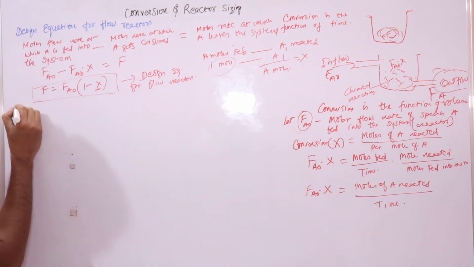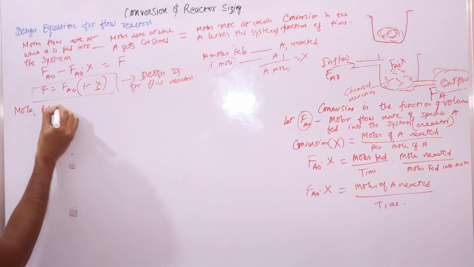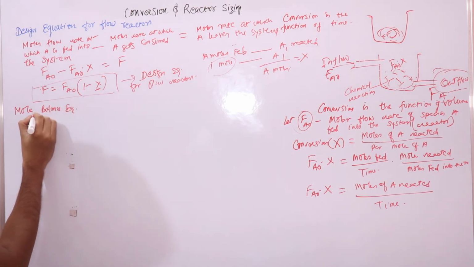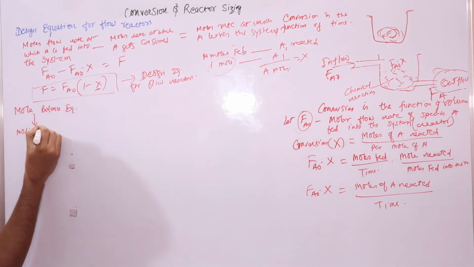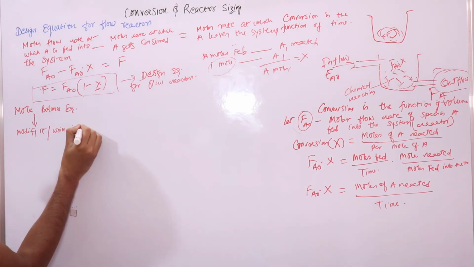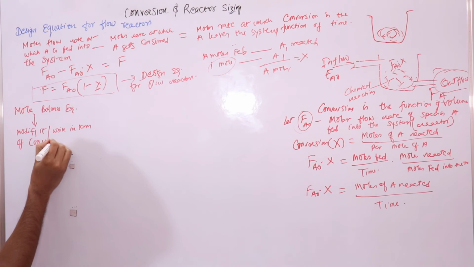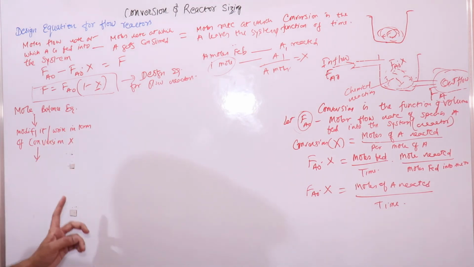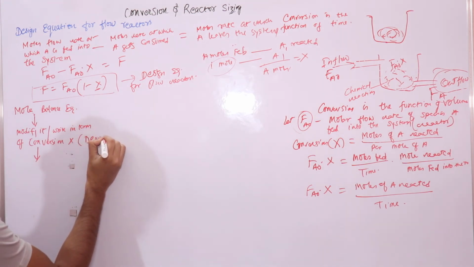I'll just write down the steps. You have the mole balance equation. You modify it, or write it in terms of conversion X. Once you modify it in terms of conversion X, you have the design equation.